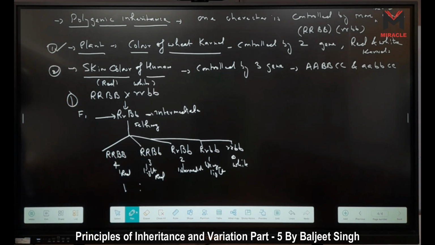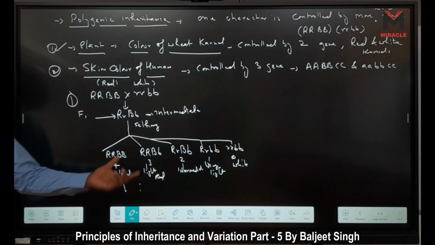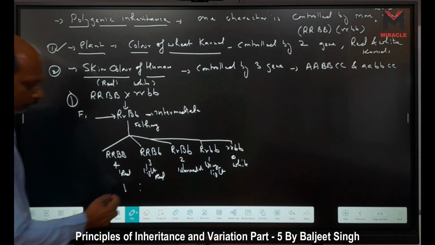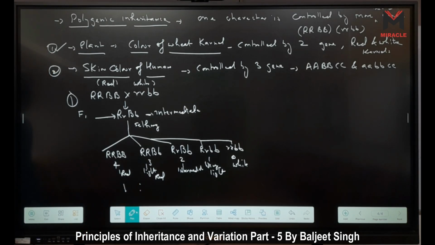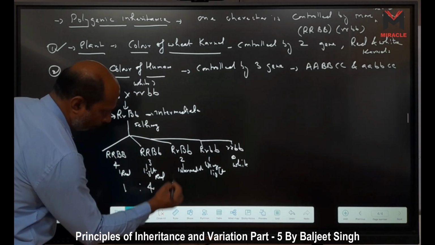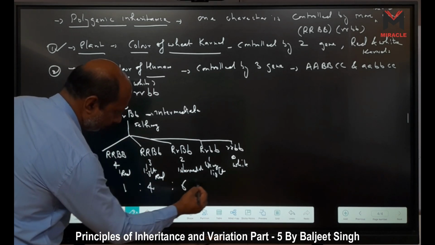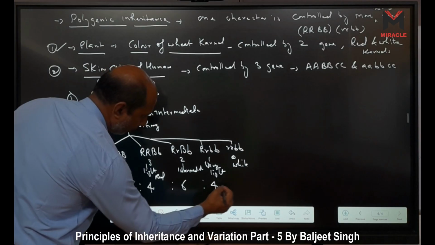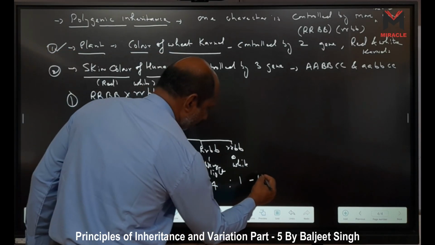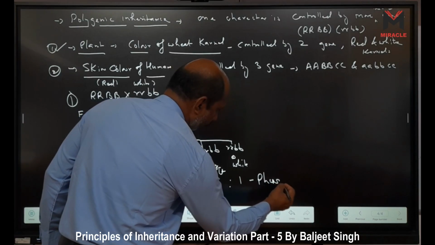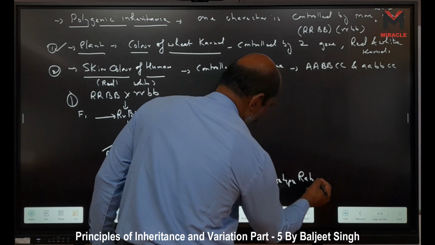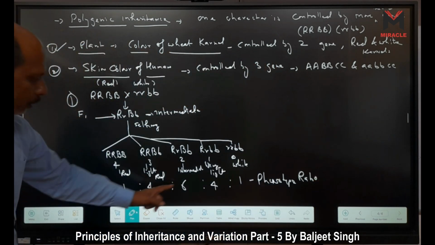How many are 3 capital and 1 small? When you design the Punnett square, then you understand, right? Here we get 4, then 6, then 4, and then 1. That is the phenotype ratio: 1 is to 4 is to 6 is to 4 is to 1.